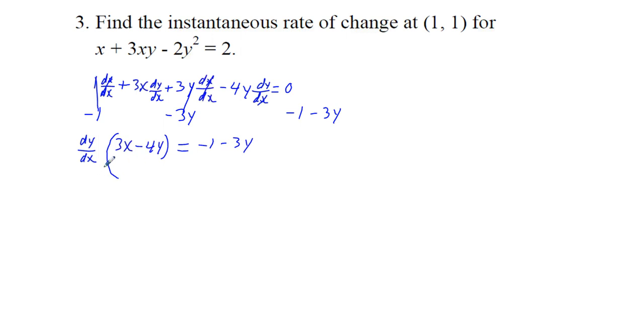And next we're going to divide by 3x minus 4y. Okay, good. So we cancel here. So dy/dx is equal to negative 1 minus 3y over 3x minus 4y.